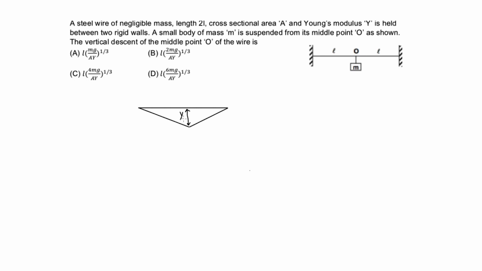We need to find the value of y, and let us assume this angle is theta. It is very obvious that this theta is very small. Also the value of y is very small. So this length is L, this length is L. What is the value of this length? That we need to first find out.